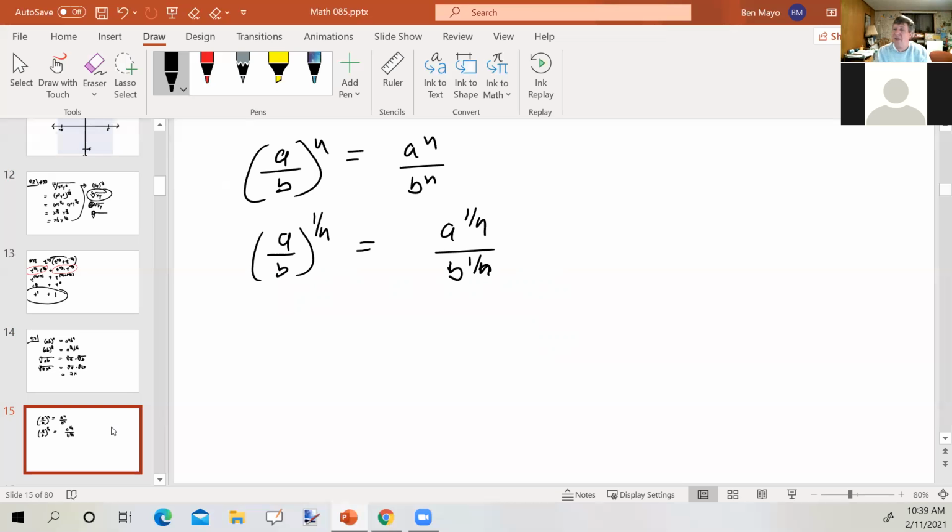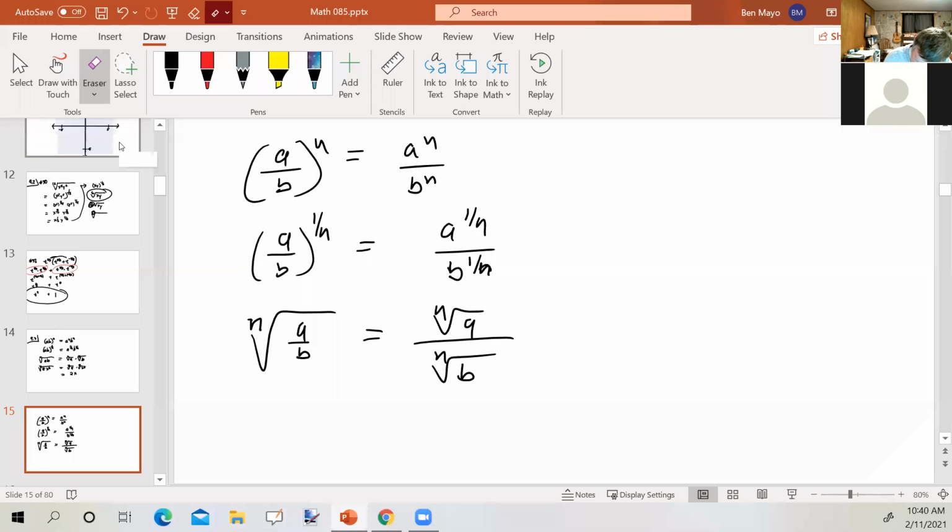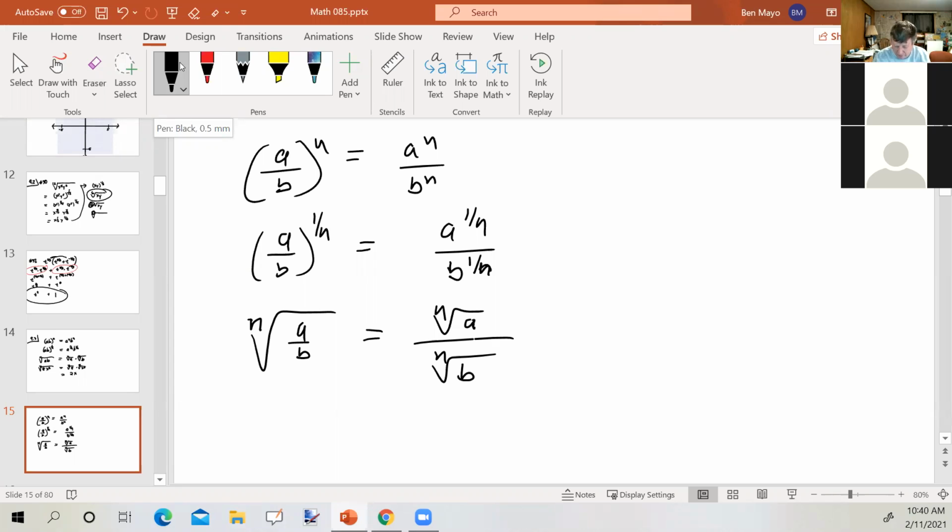Translating that into radical notation, we've got the nth root of the quotient, which becomes the nth root of the numerator over the nth root of the denominator. So if we have a quotient inside of a radical, we can take the root of the numerator, divided by the same root of the denominator. Those are just variations of rules that come from the past.